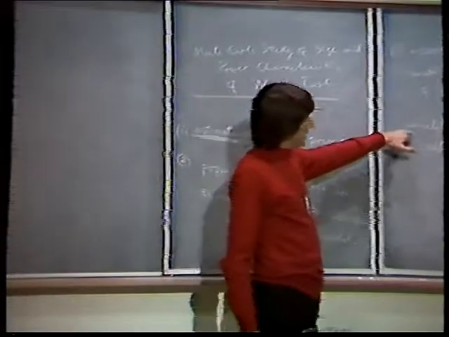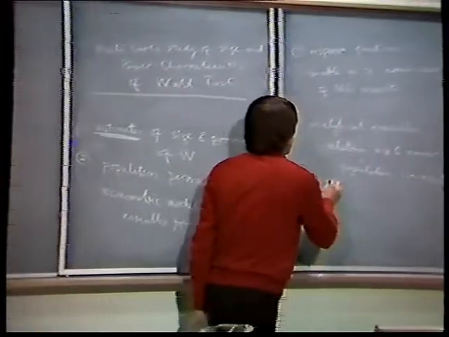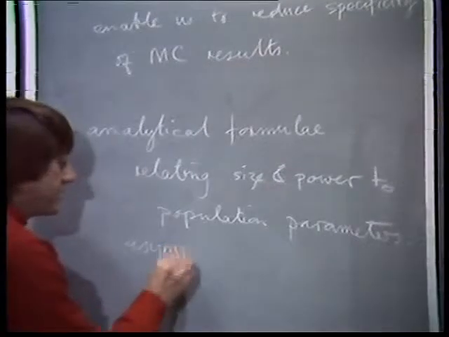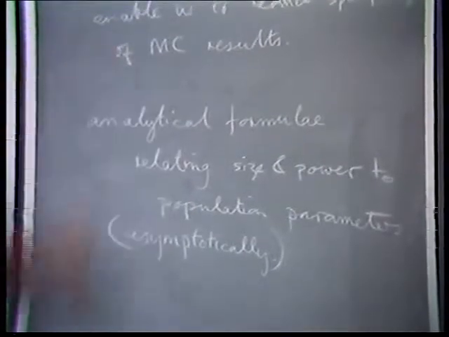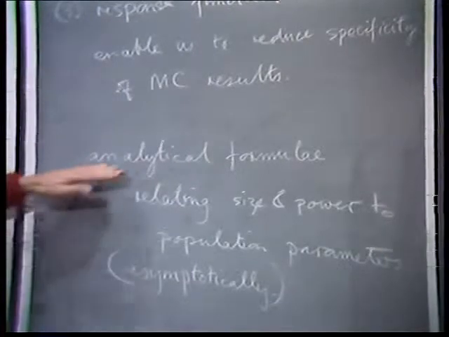But in this particular context, these analytical formula are only valid asymptotically. And that was our original problem, that these relationships can only be derived asymptotically, and we want to know what happens in small samples. Well, what the response functions are doing is replacing the analytical formula by empirically determined formula.